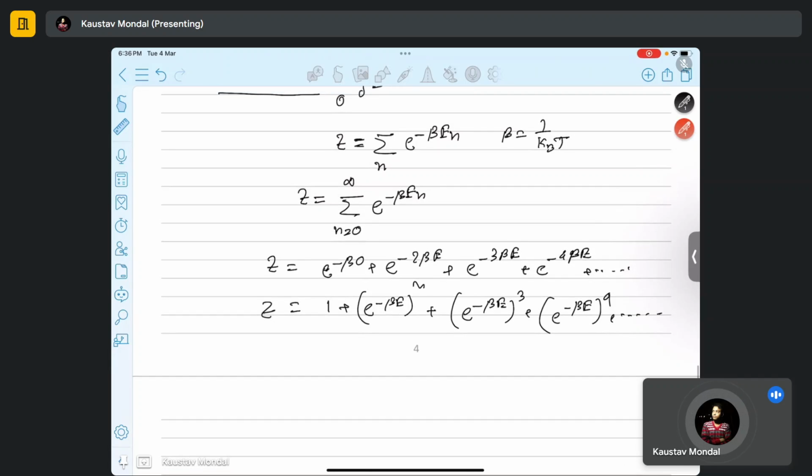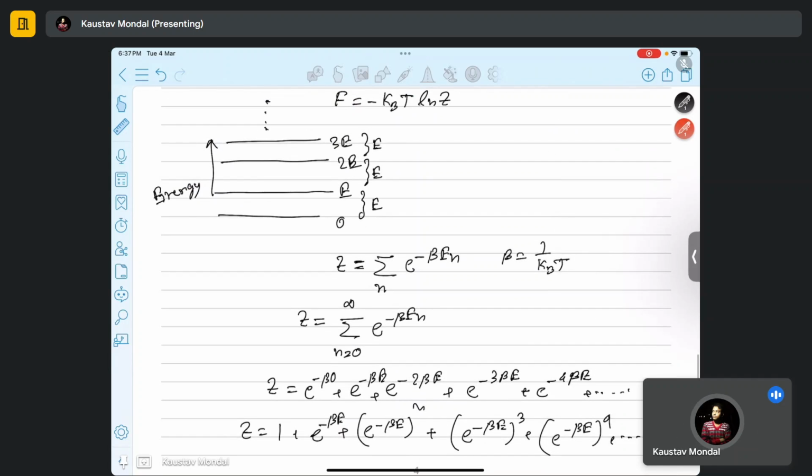Sorry, there is one term I was missing here, between these there will be e to the power beta into 0. So Z equals 1 plus e to the power minus beta E plus, and so on.